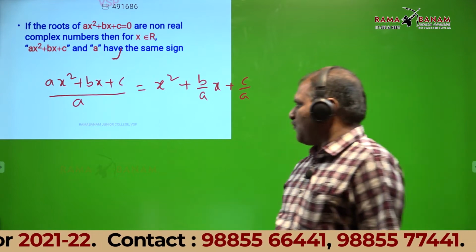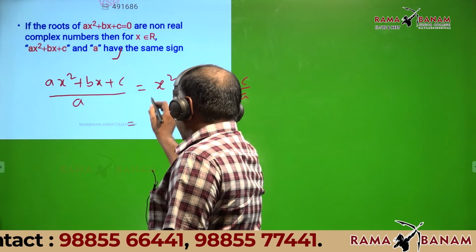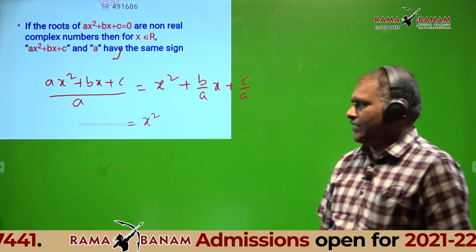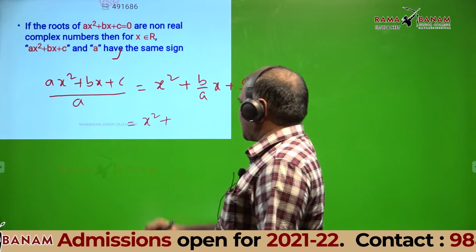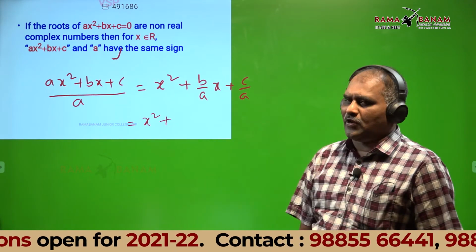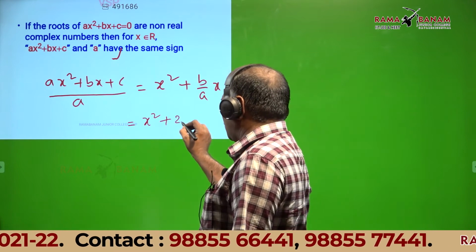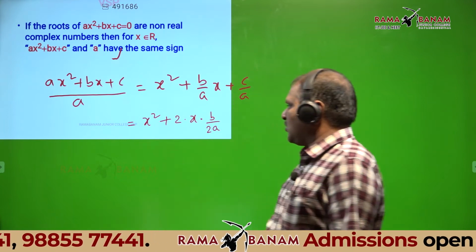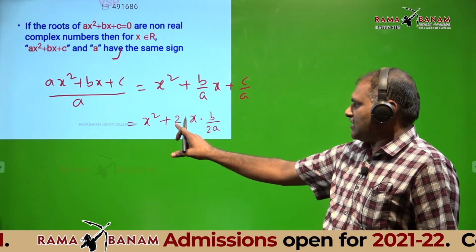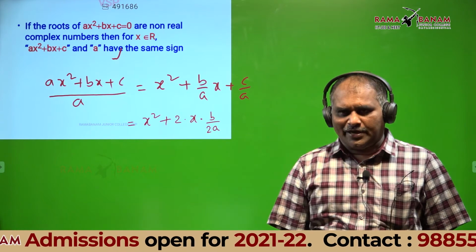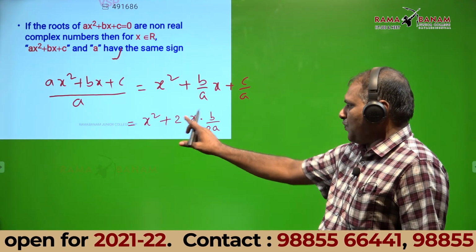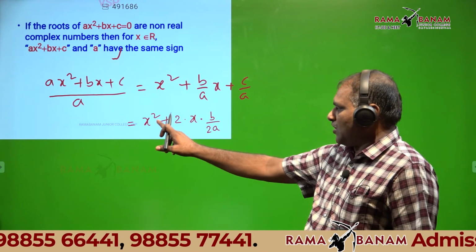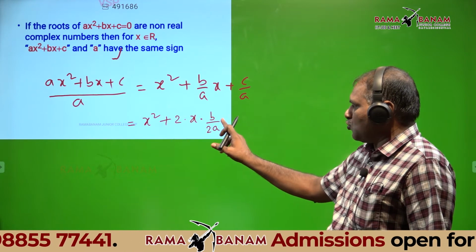Here x square is already there, which is the a square form, and 2ab is required, but the 2 multiple is not there. That's why I wrote 2 into x into b by 2a. Therefore I can write the a square plus 2ab form. If 2 is not there, multiply by 2 and multiply the denominator by 2 also.